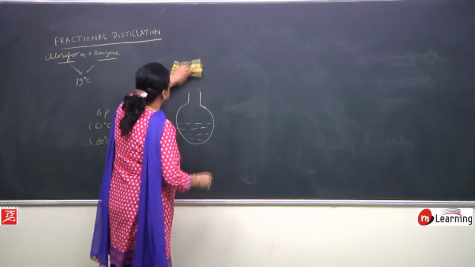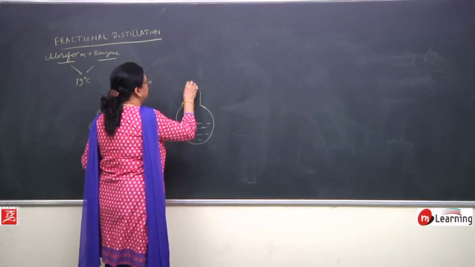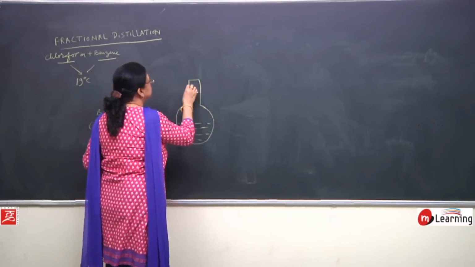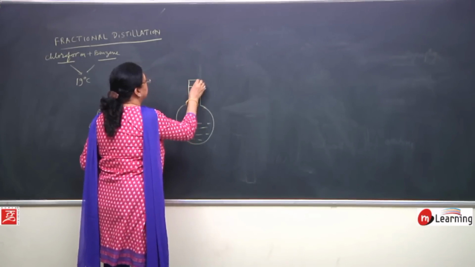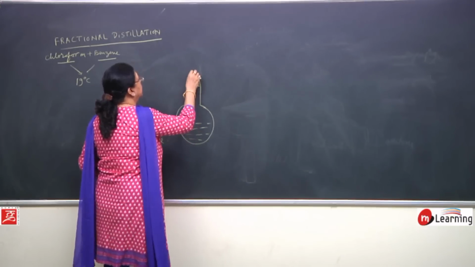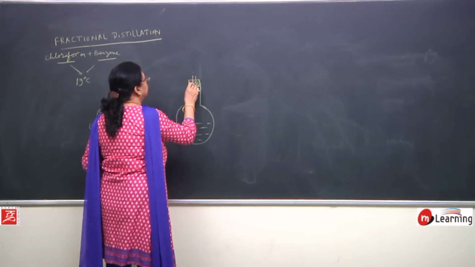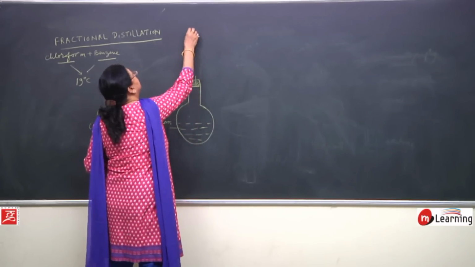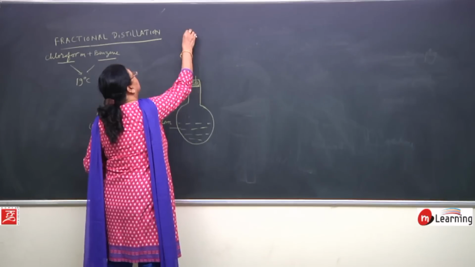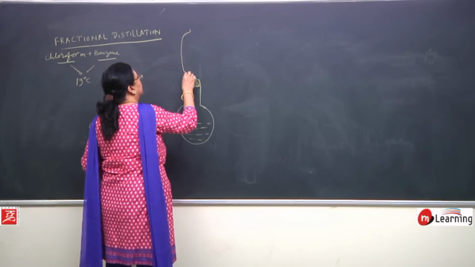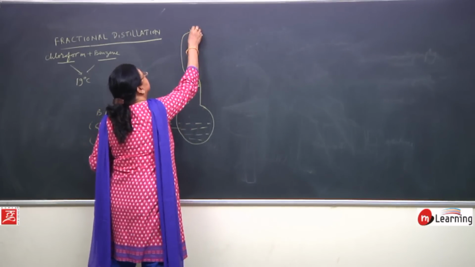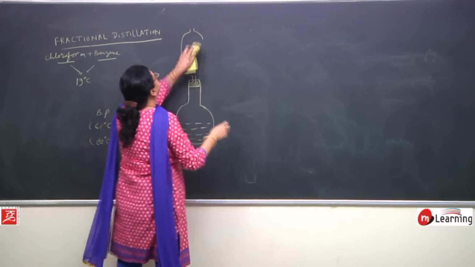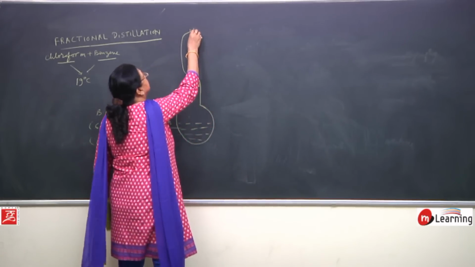Here this is the flask, and in this flask this is the cork, and here there is a fractionating column. What is this fractionating column, children? Try to understand.